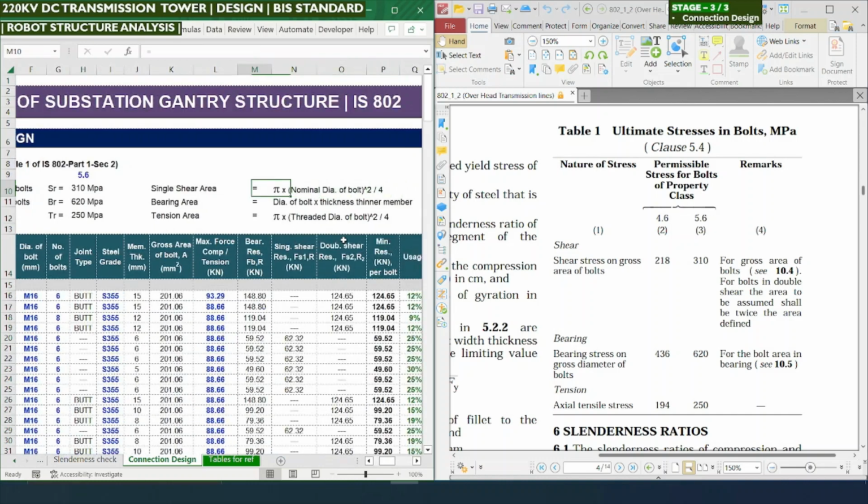So we need the stress area of each case like shear, bearing and tension. For that, IS 802 part 1 section 2 has given the definition of how to calculate the area under shear and bearing.